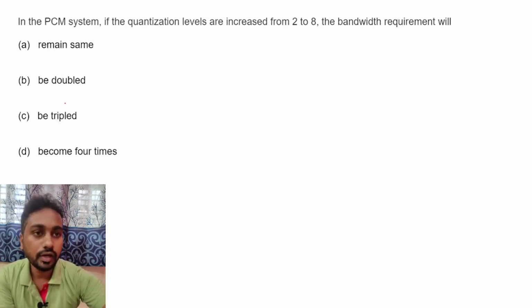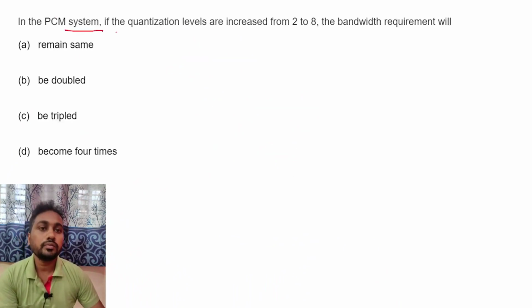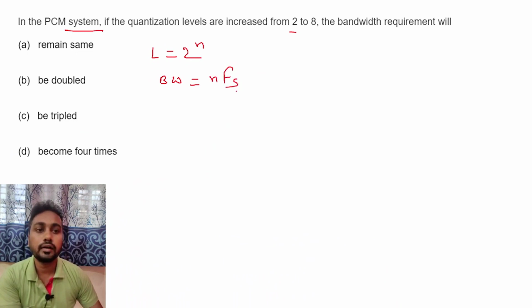Okay, now next. In the PCM system, if the quantization levels are increased from 2 to 8, the bandwidth requirement will be. How are we calculating the number of levels? Level equals 2 to the power n. And the bandwidth in PCM is nfs, where n is the number of bits and fs is the sampling frequency.